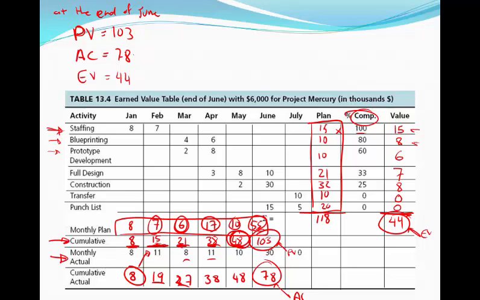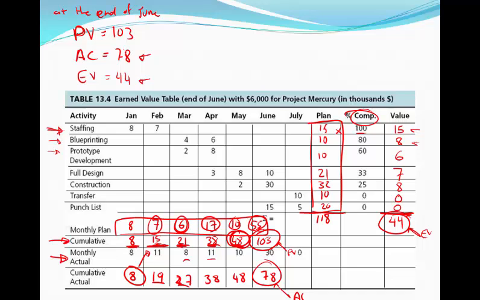To date, our actual costs are $78,000. Therefore, we've spent less than what we had planned for. And the value we gained on the project is $44,000. So if the earned value is less than your planned value, that means you're behind on your schedule, and if your earned value is less than your actual cost, it means that you are overspending on your budget.